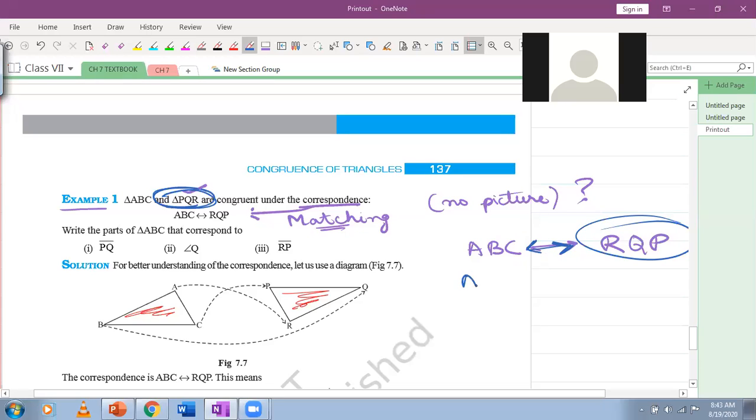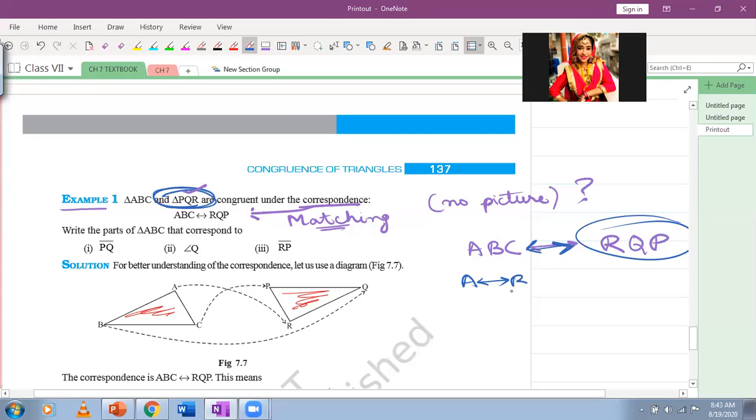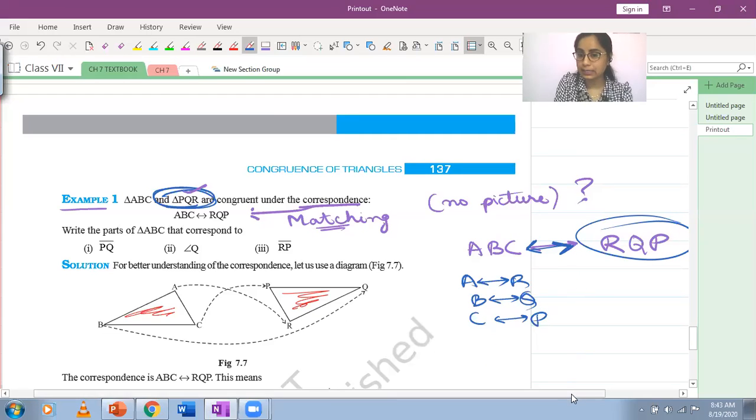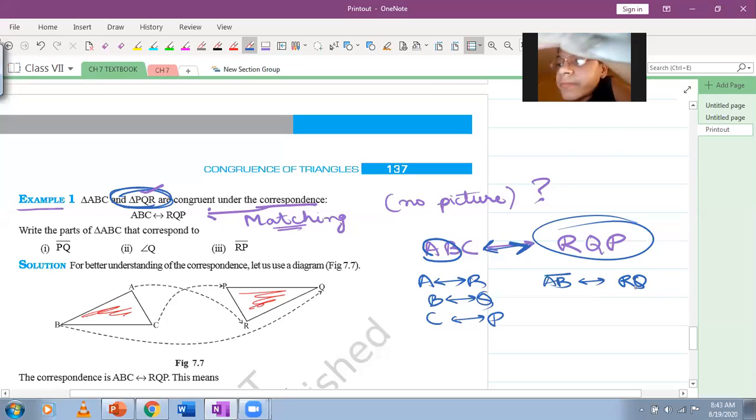Now tell me from here, A will match with which one? Use this. R. B will match with which one? Q. And C will match with P. Right. Now let's write the sides with the help of this. Side AB. The side made by these two will match with which one? RQ.